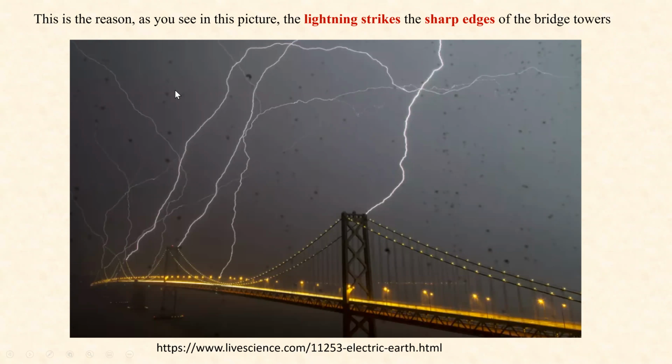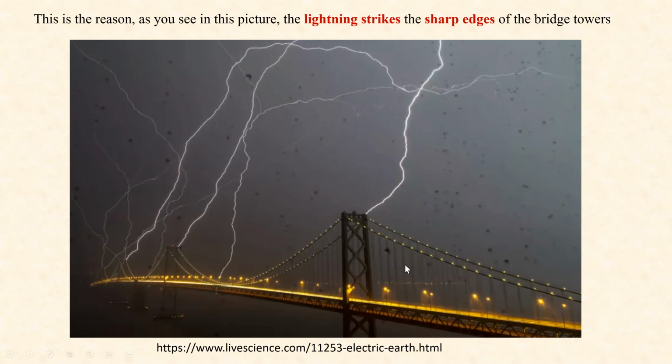You see, when the clouds are charged, they induce opposite charges into these structures, and then there's charge everywhere, but there's more surface charge density on these pointy points. You see here, everywhere, this one hit one of the posts. This one hit, you see this one, all of them hit only at the places where there is a sharp point.